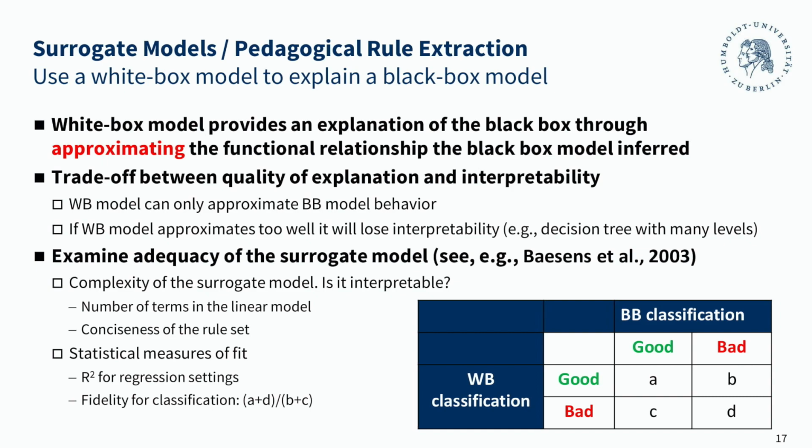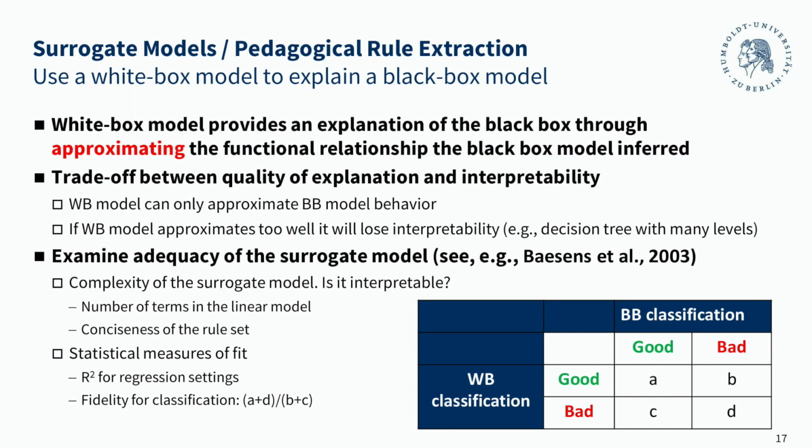And if you then compare the number of cases where the white box model predicted exactly the same class as the black box model over all the cases in your matrix, the resulting metric is called fidelity. Fidelity measures in general tell you something about the quality of the approximation, how well your explainable model approximates the non-interpretable model, the black box model.